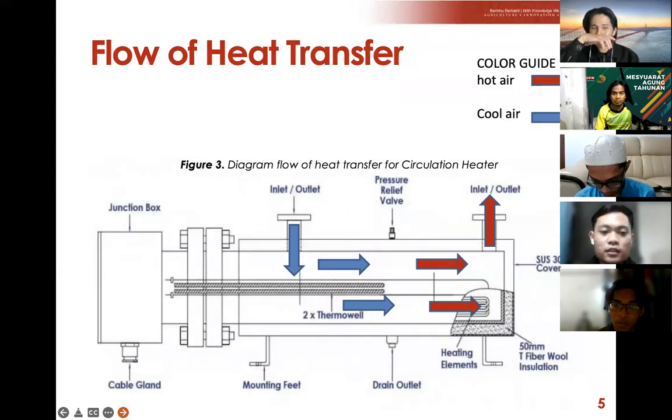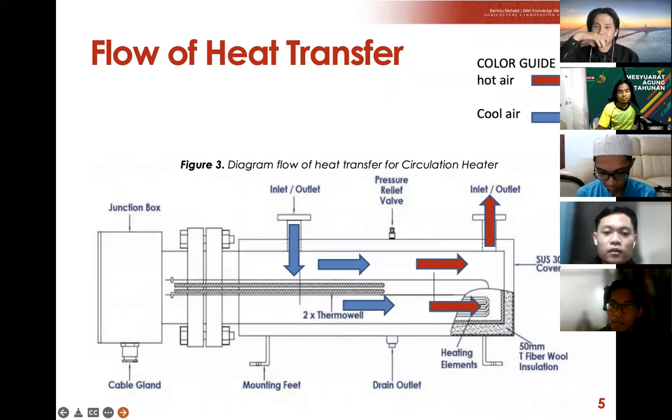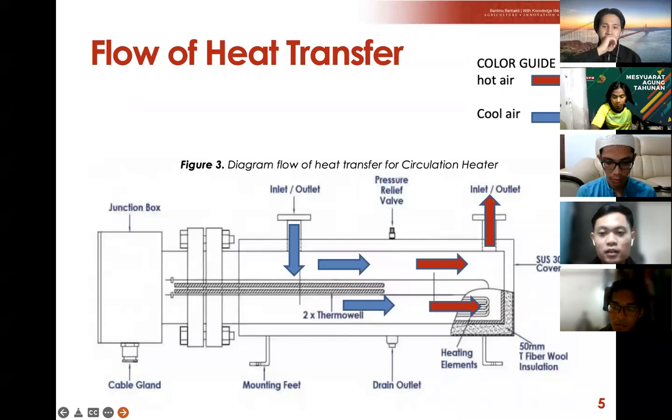So for figure 3, which is the heat transfer flow diagram for the circulation heater, as you can see, the blue arrow is cool air and the red arrow is hot air. The first arrow enters at the inlet of the circulation heater, passes through the heating element, and converts into hot air.